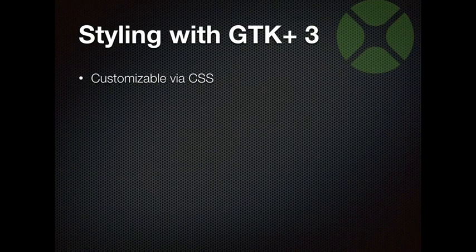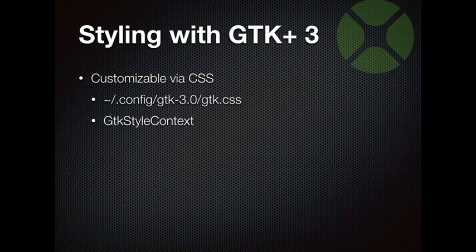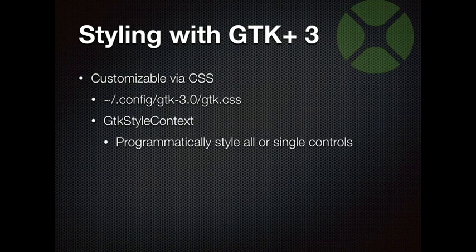All right, so let's talk about styling with GTK3. They chose CSS to style controls. And there's a few ways you can do this. One, with a file on your machine located in this directory. You can also use their class. They call it GtkStyleContext.